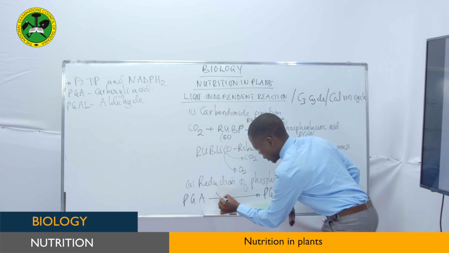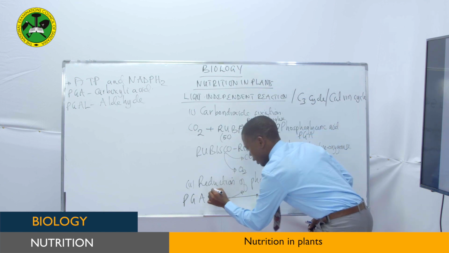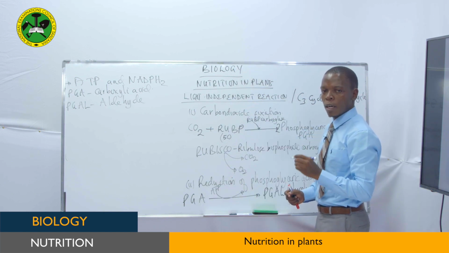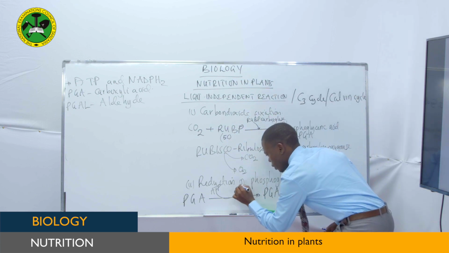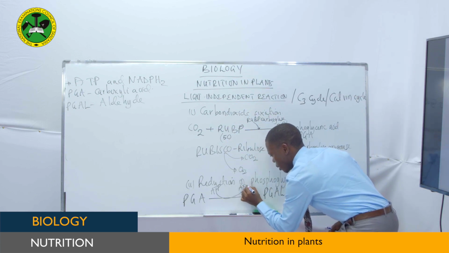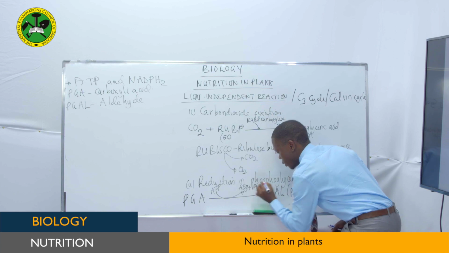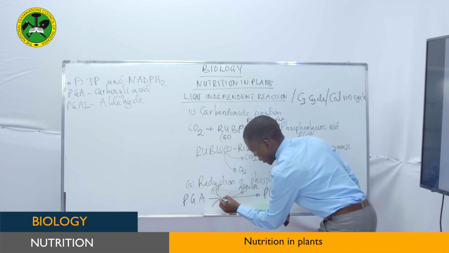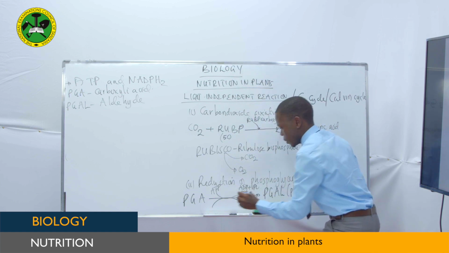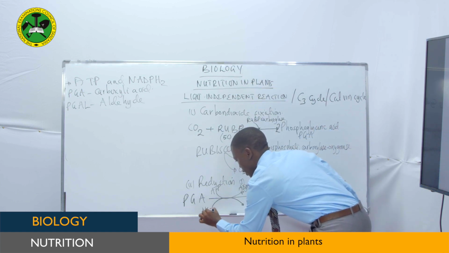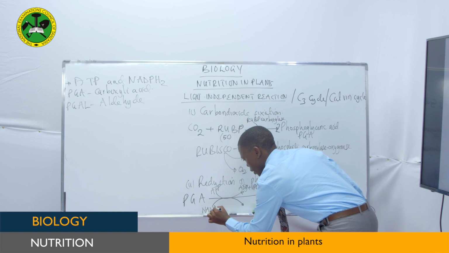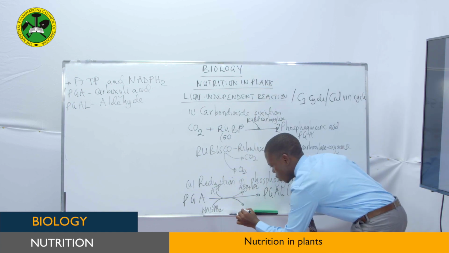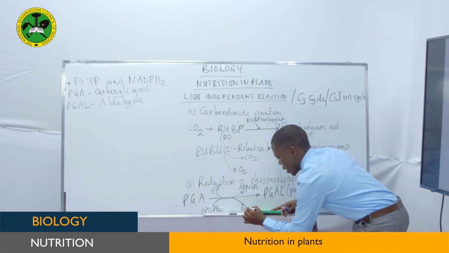In this reaction we have ATP. When ATP is broken down, it releases energy, forming ADP plus inorganic phosphate. But also the reducing power, NADPH2, forms oxidized NADP.